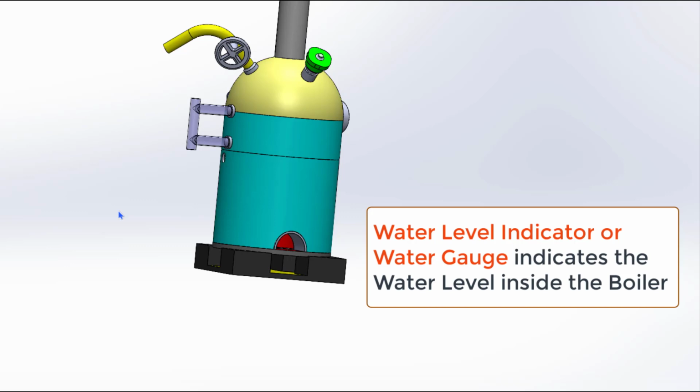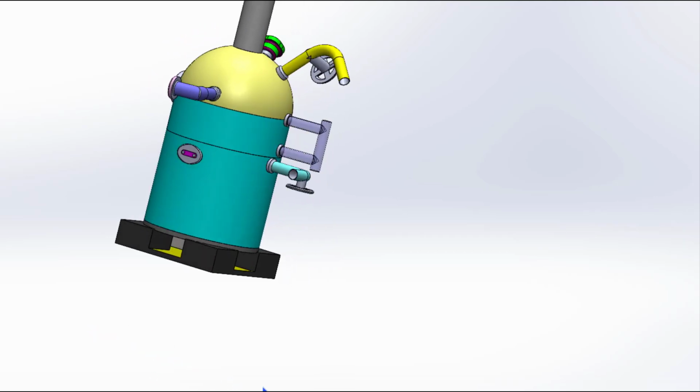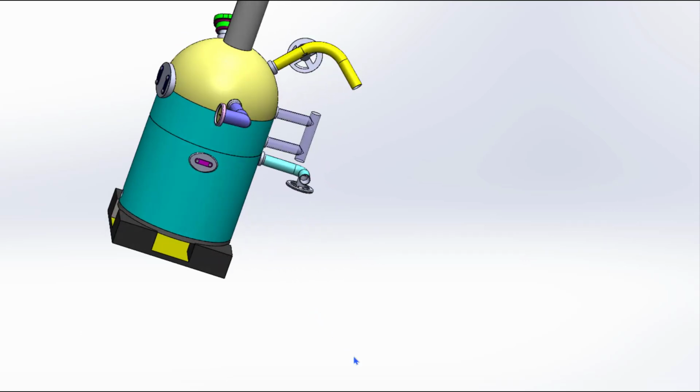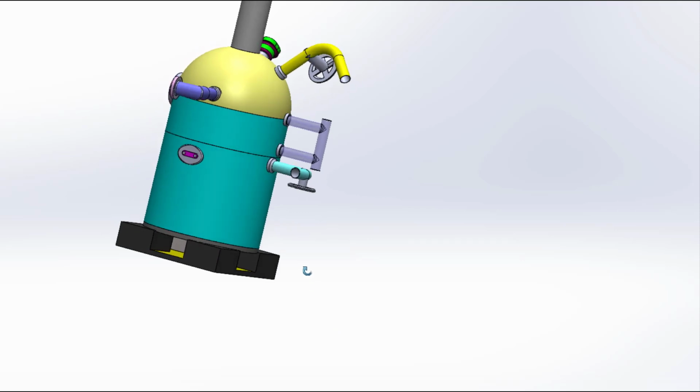Filling of the boiler with water is called boiler feeding. For boiler feeding, there should be one connection, and there is one valve also, and that valve is called the feed check valve.